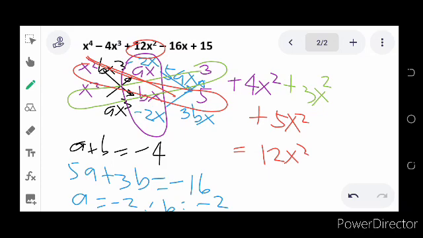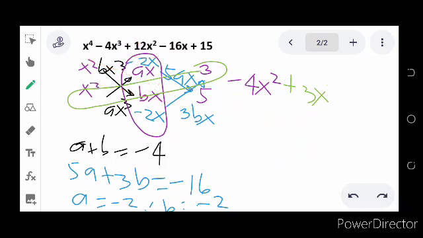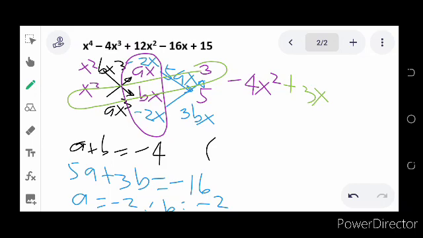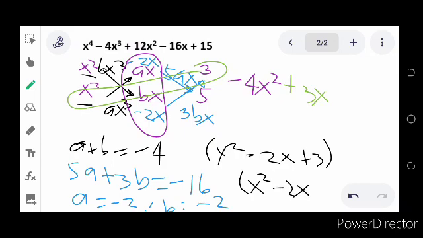Since we were able to get the correct x squared term using these combinations, that means our factors will be x squared minus 2x plus 3 times x squared minus 2x plus 5.